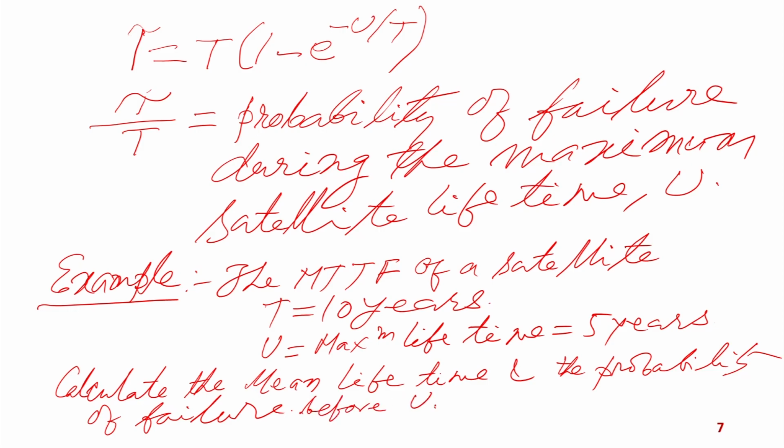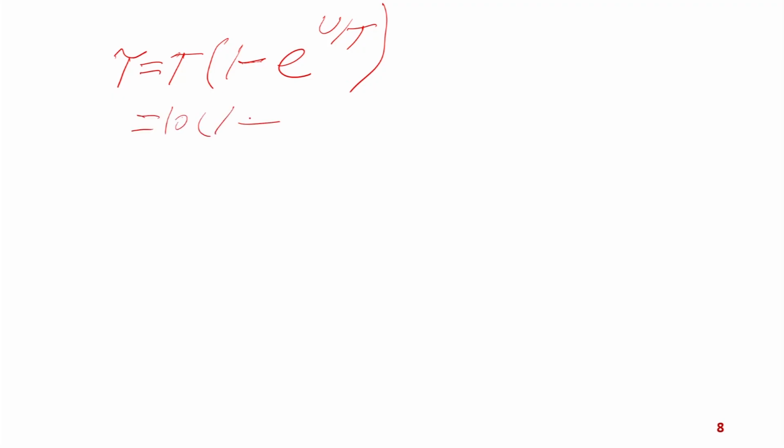Okay. So, you see already we know that the mean time of satellite failure tau is given by the mean time to failure into 1 minus e to the power minus the maximum lifetime by t. So, here t is equal to 10, then it is minus 5 by 10.